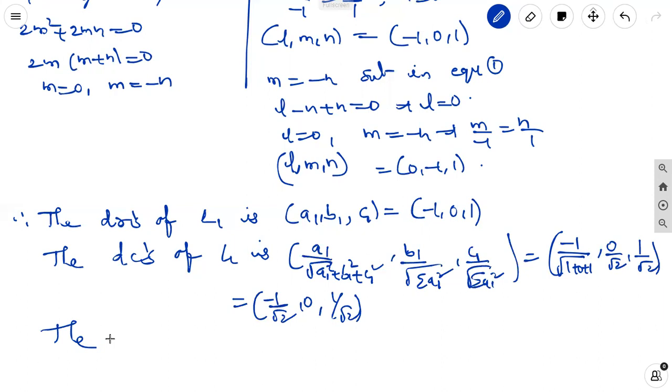Next, the DRs of line 2 are a2, b2, c2 equal to 0, minus 1, 1.